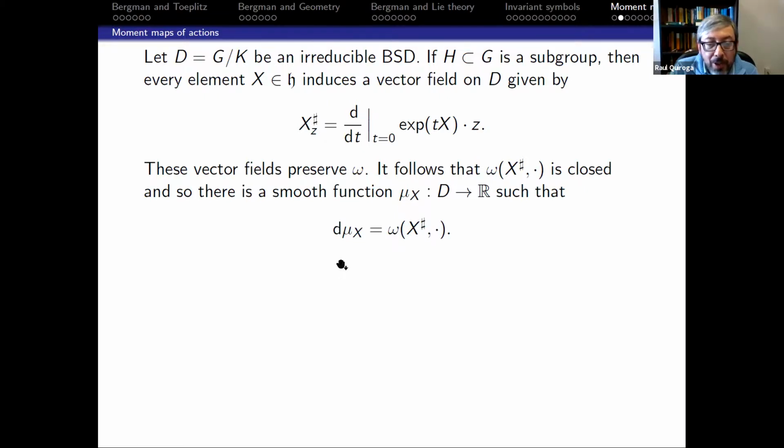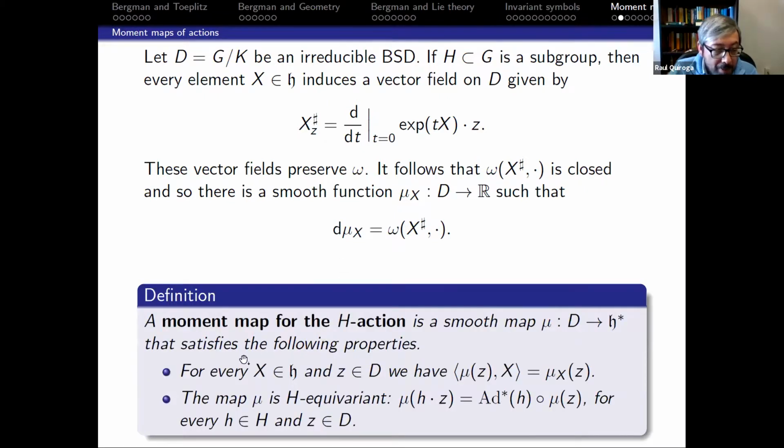Now you put them all together in what is called the moment map for the H action. So here's the definition. Instead of a single symbol for each vector, I'm going to take a whole function that is going to capture all of those symbols. It's going to be a function from the domain into the dual of the Lie algebra of H that satisfies the following properties.